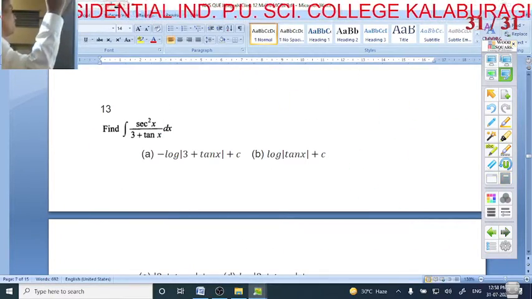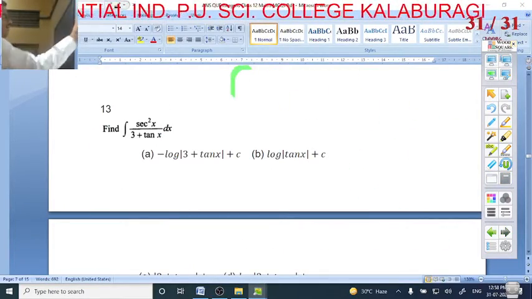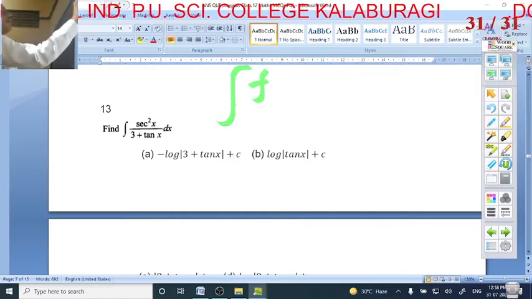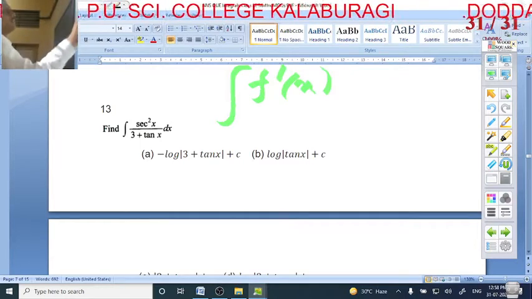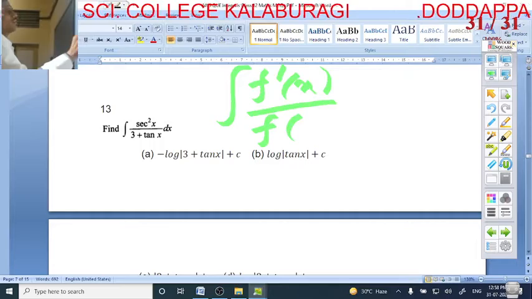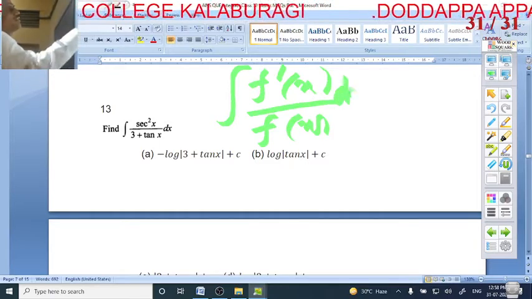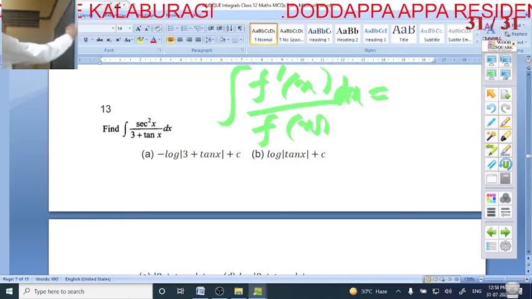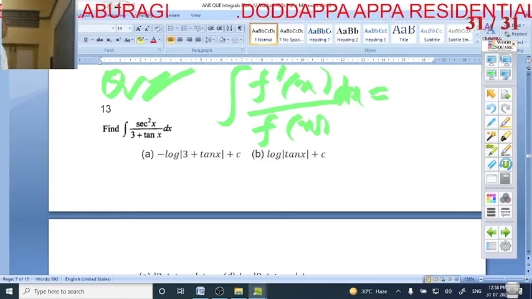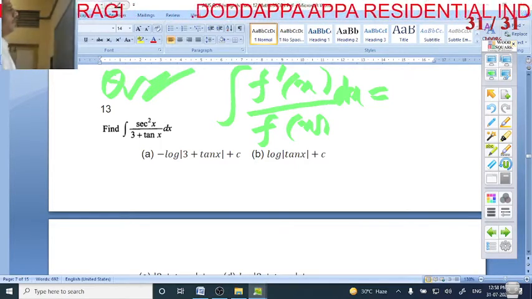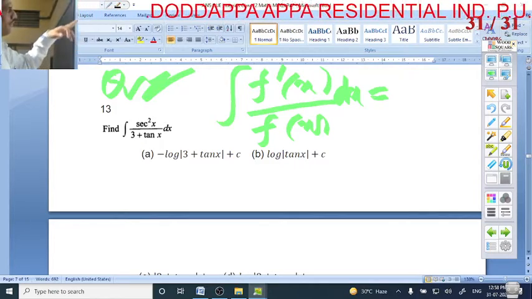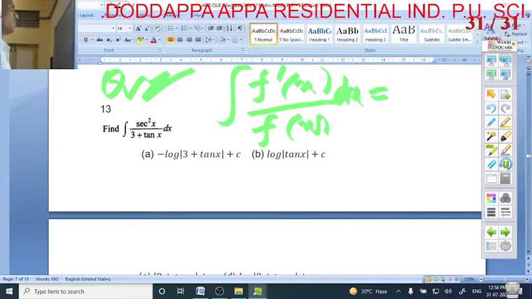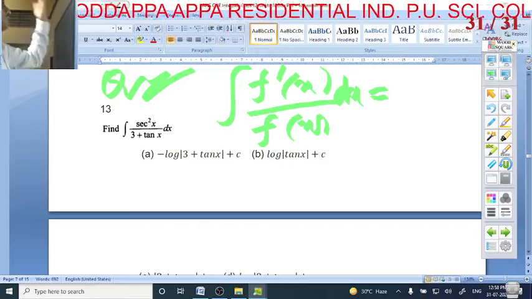Here, one thing to remember, there is a standard formula: the integration of f dash of x divided by f of x, which we discussed yesterday, a quantity in quotient form. Here, the derivative of the denominator is in the numerator.